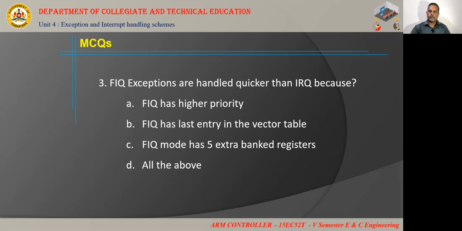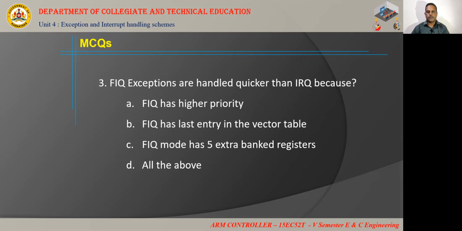All these reasons are favorable to FIQ interrupt handling. Because of all these reasons, FIQs will be handled in a better way, or quicker, than the IRQ interrupt. The hardware itself has given the higher priority for the FIQ exception. That's what is in option A.